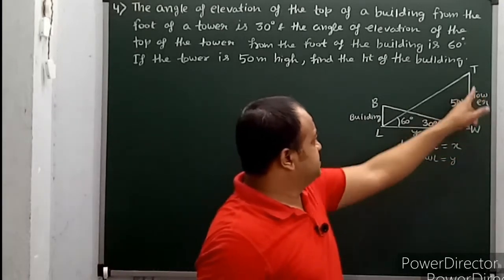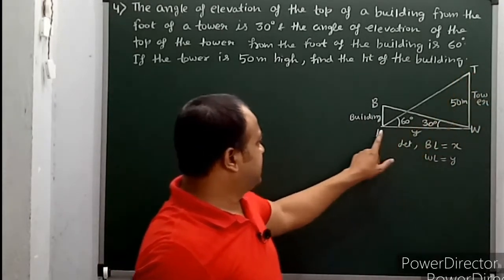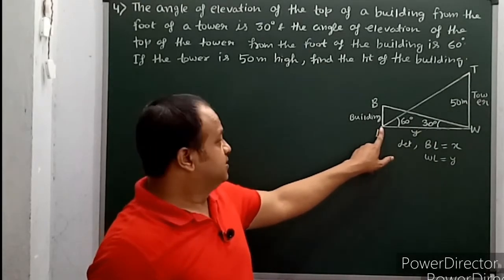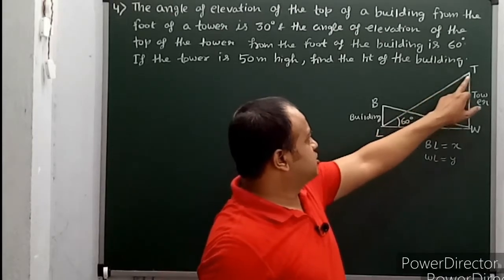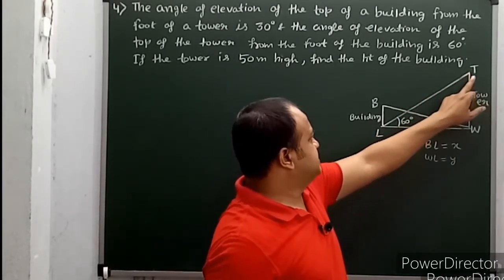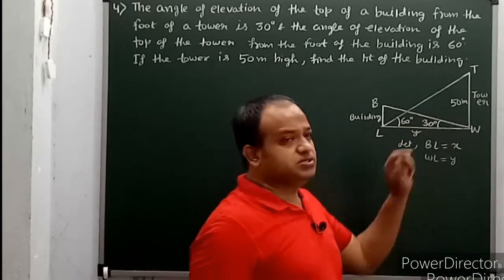Now, this is TW is tower and T is the top of the tower and L is the foot of the building. So, from here, that is point L, angle of elevation of the top of the tower, that is T, is 60 degree. Means angle TLW is 60 degree.